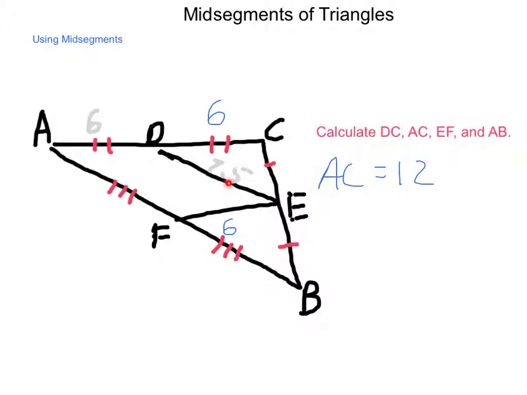That means each part of AB, so that's AF, will be the same size as DE, so 7.5, and FB will also be that same measurement at 7.5. So that means AB in total is going to be 15, the sum of those two put together. Now, without having any information about midsegment DF, that's as far as we can go.